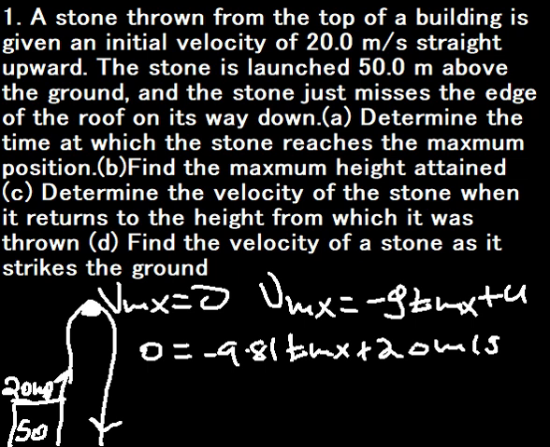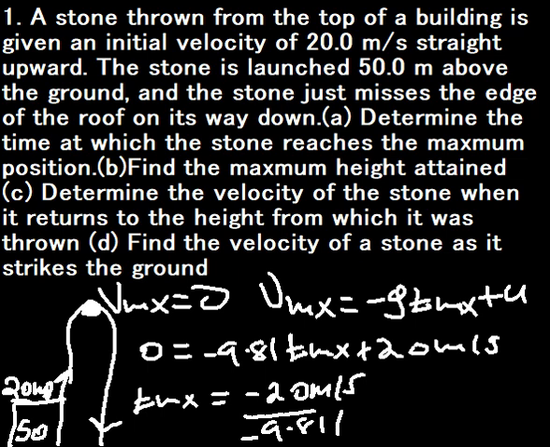So now we'll have Tmax given as negative 20 divided by negative 9.81, and of course that will be given in seconds overall.